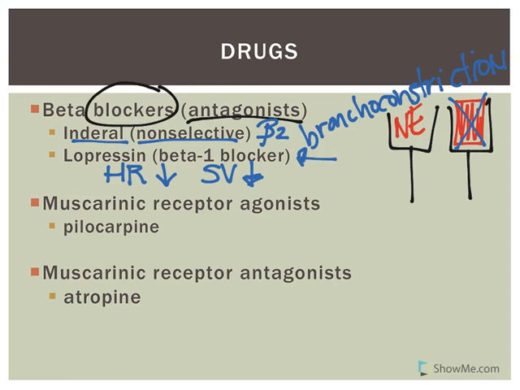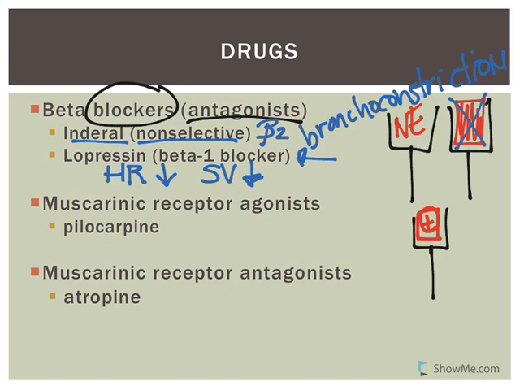Now, if I use the term agonist, and before I go to the muscarinic, I'll do this here, say an adrenergic receptor agonist, or a receptor, and the agonist would bind to that receptor, but it actually would do the same thing as the neurotransmitter would do.